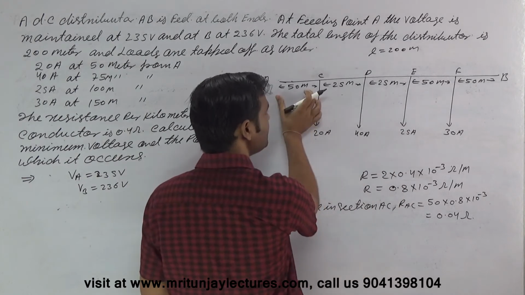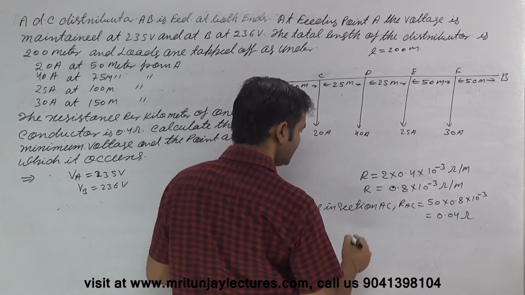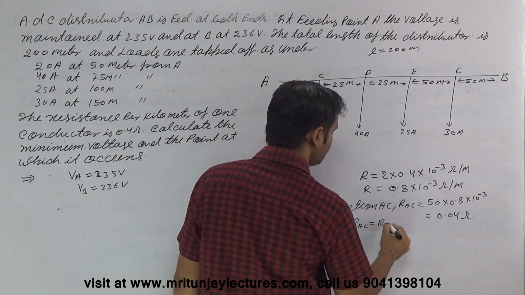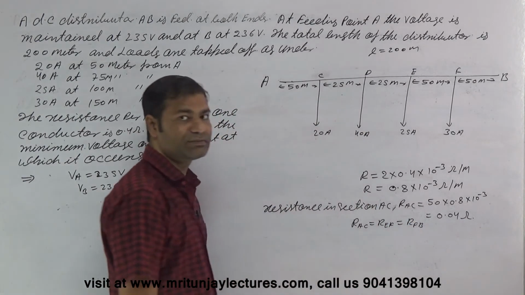R of AC, R of EF and R of FB are all the same, so R of AC equals R of EF and equals R of FB, because the distances are the same.